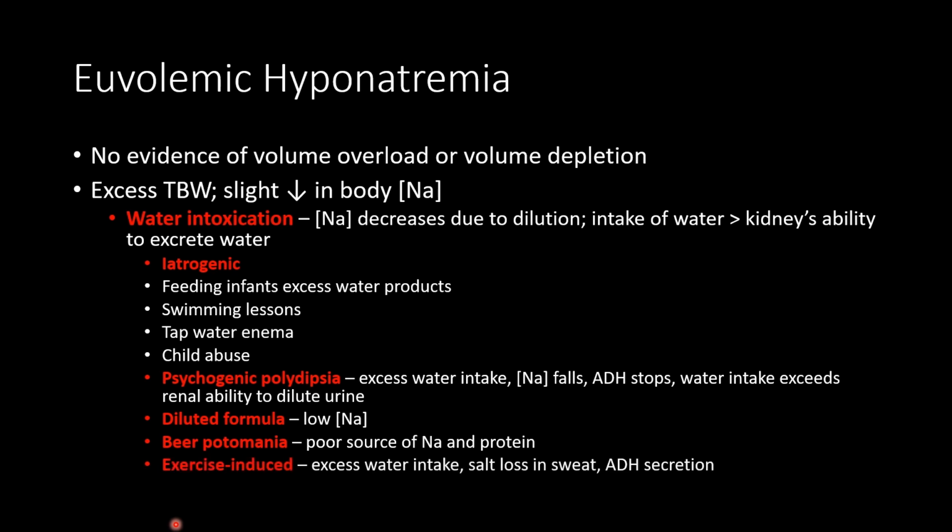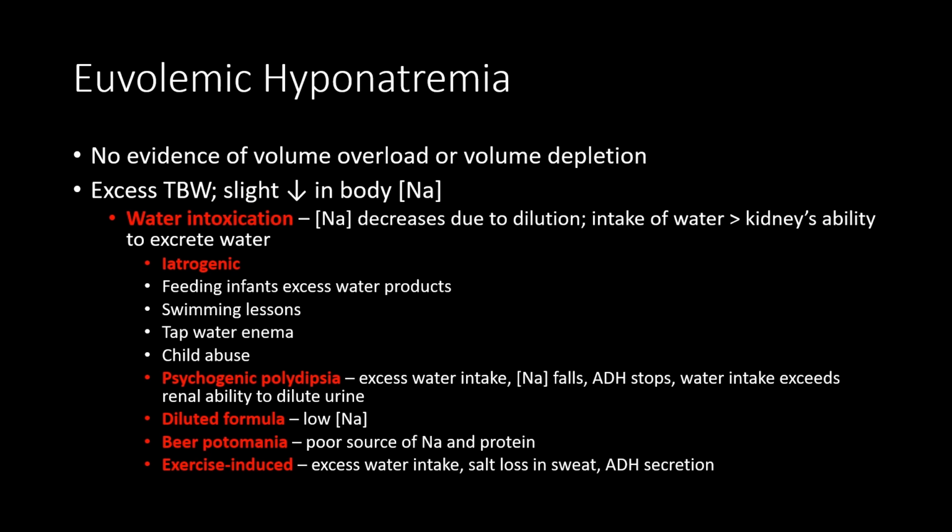And it may be exercise induced also. Suppose marathon runners or people who do a lot of exercise, they will drink only water without electrolytes, so that amount of water is retained inside the body, and the prolonged exercise is causing sodium loss by the sweat. So sodium is getting lost, water is getting retained. That means euvolemic hyponatremia will be there.